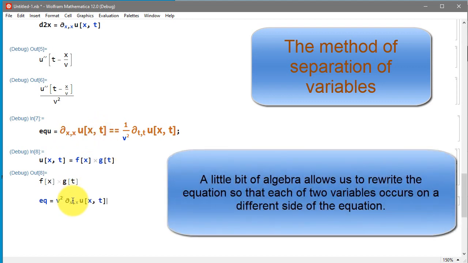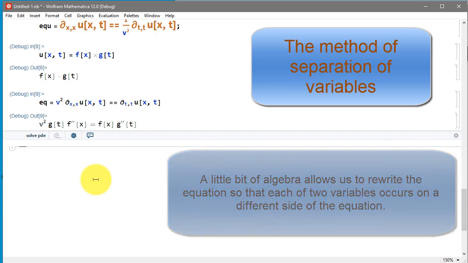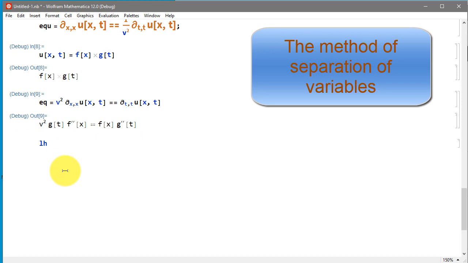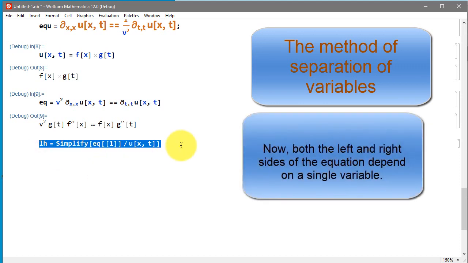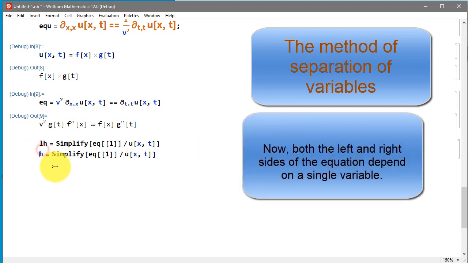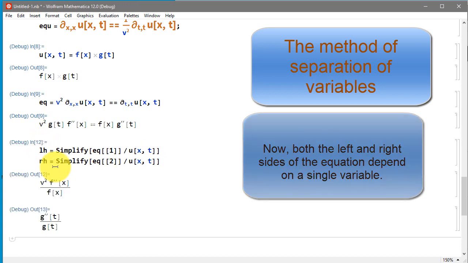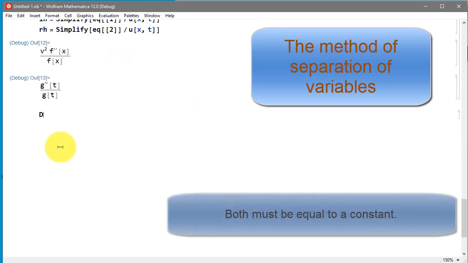A little bit of algebra allows us to rewrite the equation so that each of two variables occurs on a different side of the equation. Now both the left and right sides of the equation depend on a single variable. Both must be equal to a constant.